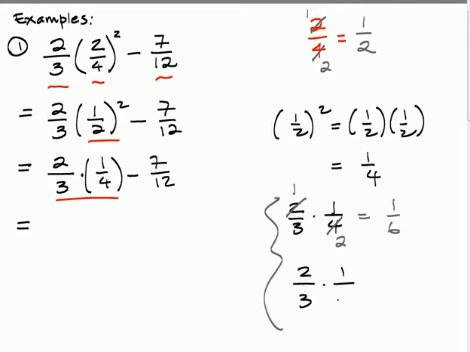And 4 is 2 times 2. So the only thing we were able to factor is that 4. So now we can clearly see the 2 and the 2 will cancel, and either way we're going to get 1/6.